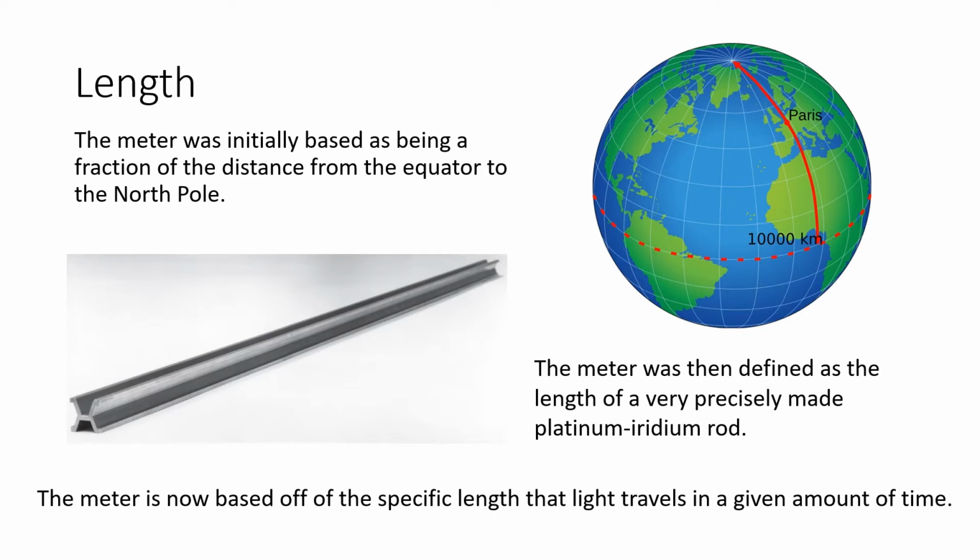The light in this room, light from the sun, all light travels at the same speed. And light travels at the fastest known speed possible. And now that we have very accurate instruments, we're able to release a light beam, a laser, and time it until it hits another spot, a certain amount of time, and say that's 1 meter.